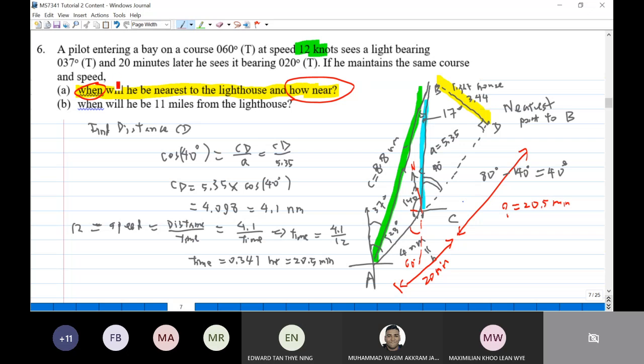So the answer is another 20.5 minutes. This is the answer to part A. Let's see, the answer to part A alone takes so long to answer. These are very hard questions to put together.